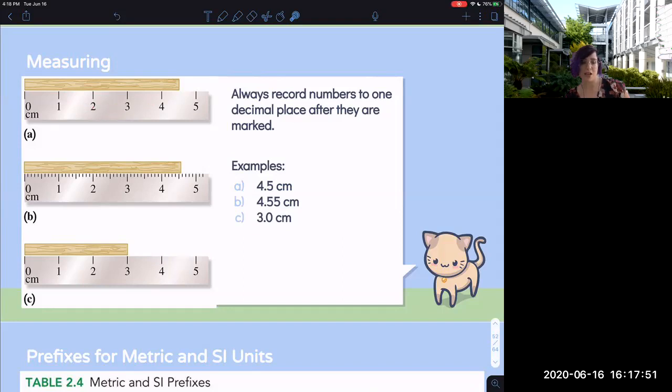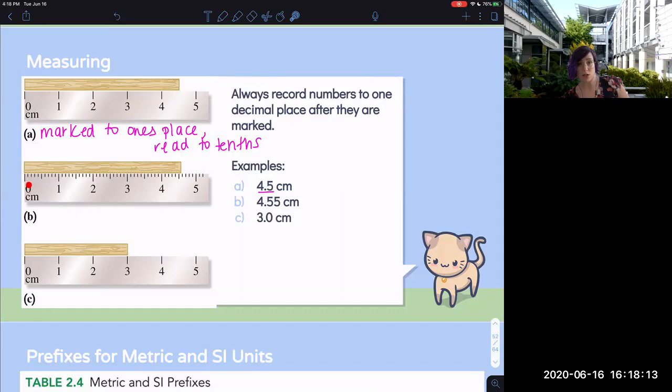So if it's marked to the ones place, what place is after the ones place? We read to the 10th place. So we get to say 4.5 centimeters.